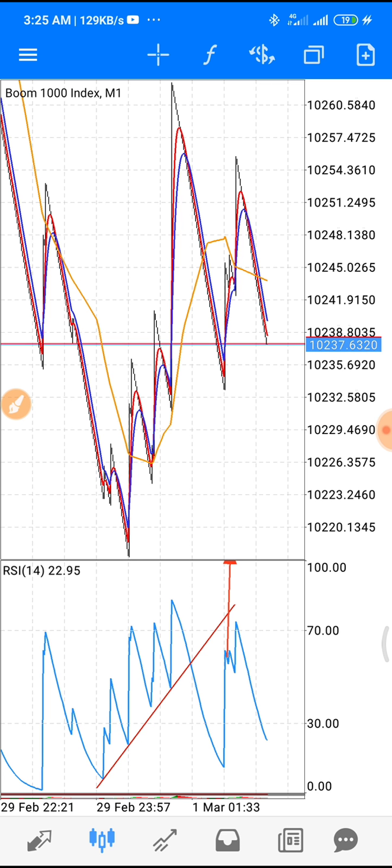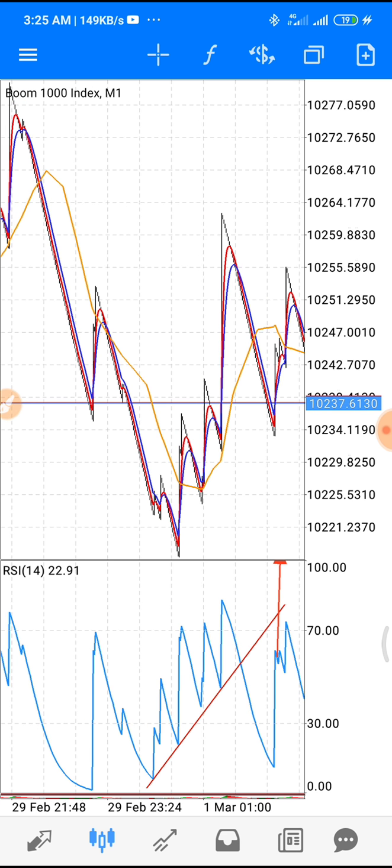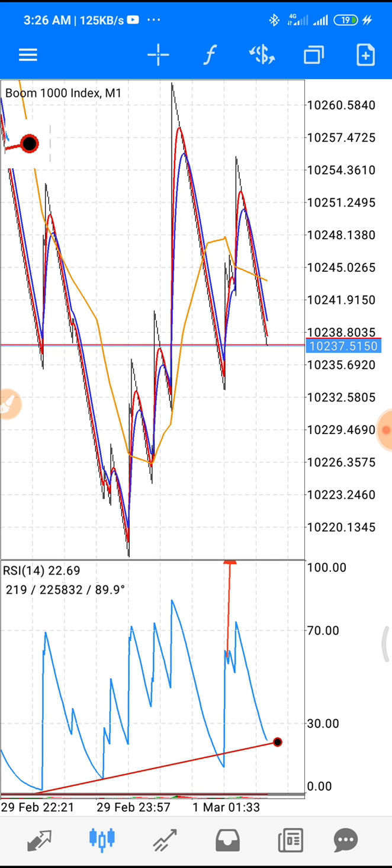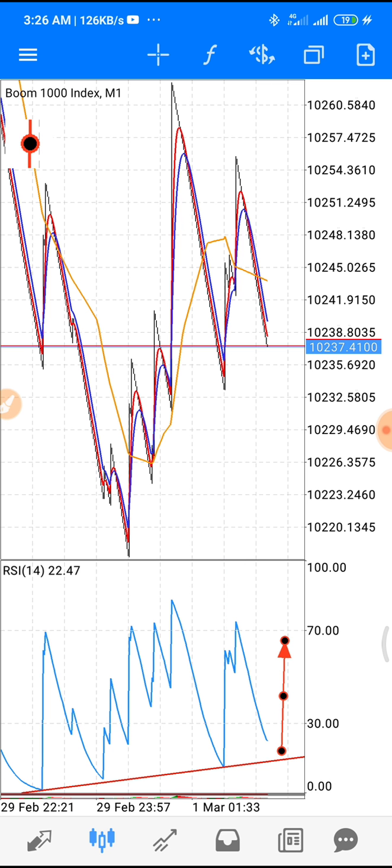So currently it is not really having good shape for a trend line, or let me see if these ones can be joined together. Okay, let's see if this one would work. So when it gets to that trend line, we'll try to take a buy.